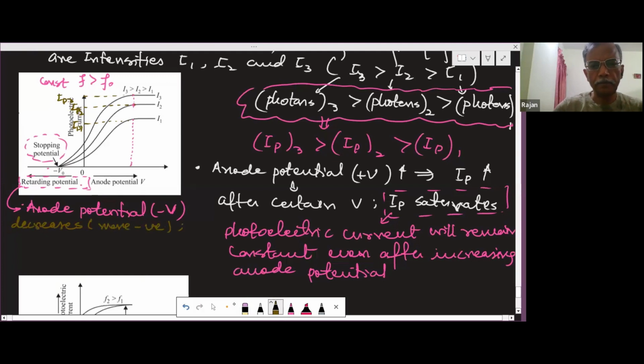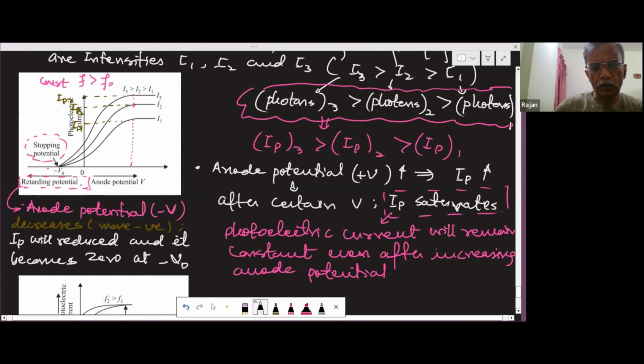then what will happen? You will find that the photocurrent IP will reduce and it becomes zero at minus V naught.